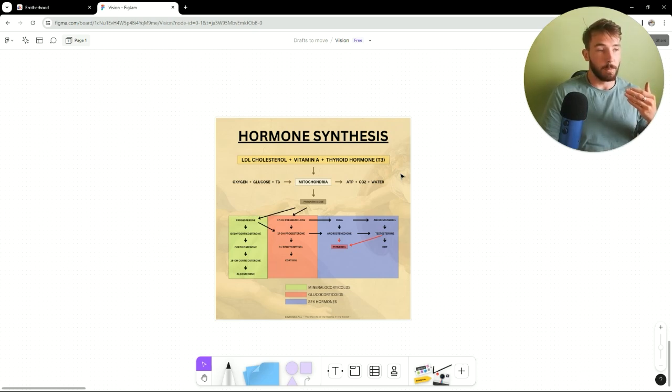When you improve cell respiration, higher metabolic rate, your micronutrient deficiencies are fixed, you're eating enough food from the right foods, your lifestyle is in check, your prolactin is low, your cholesterol is in the right range, your vitamin D is good, TSH is good. This should work optimally for you to produce testosterone, DHT in an optimal way.